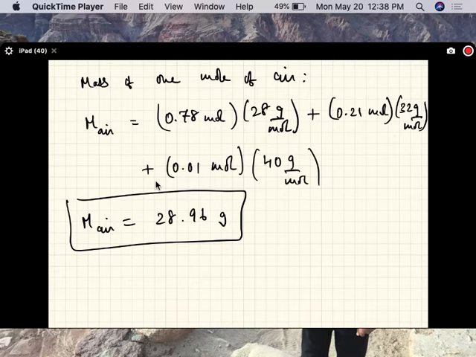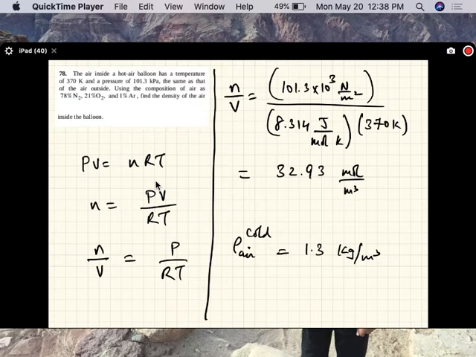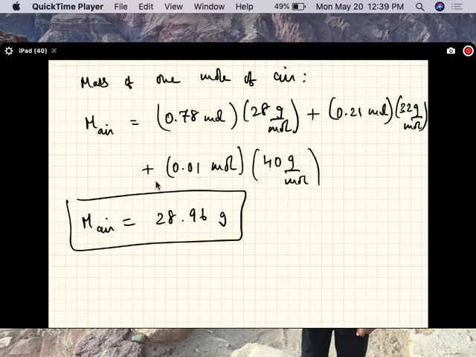So now the density of hot air, which is what we are interested in: the density of hot air equals n over V times the molar mass.